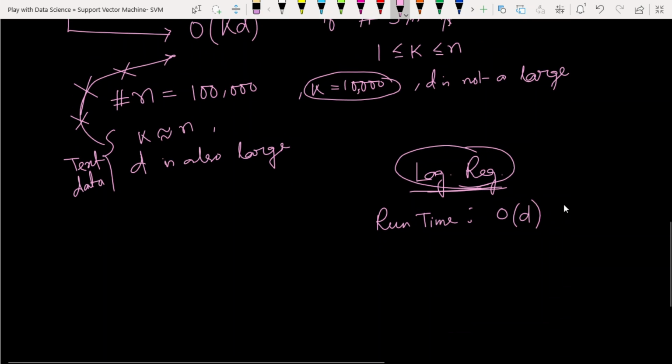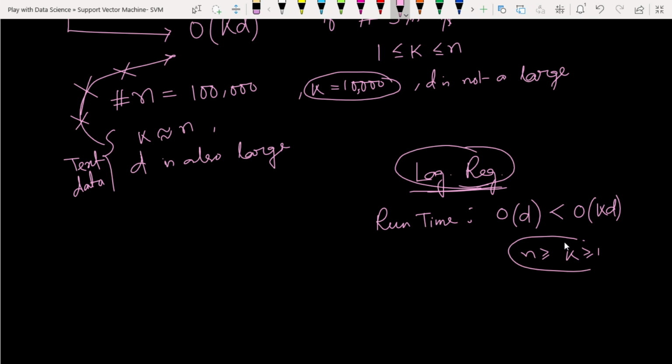Because this one is low: order of kd, where k is always greater than 1, versus order of d.